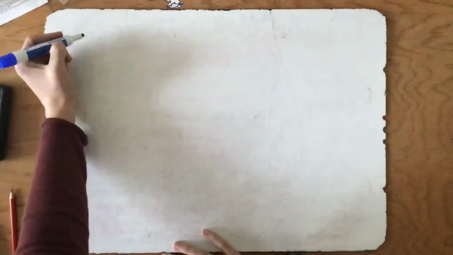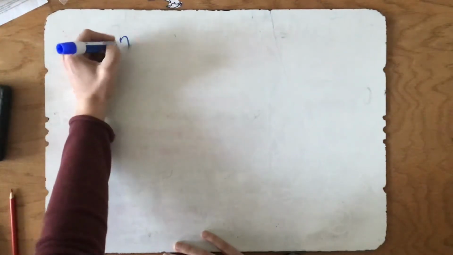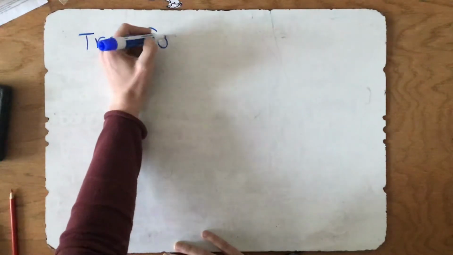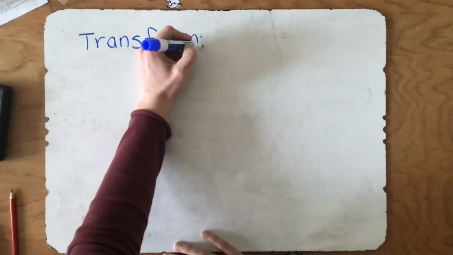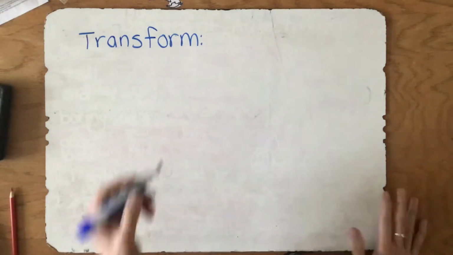The plates move in 3 different ways. The first one is transform. This is when 2 plates grind against each other.